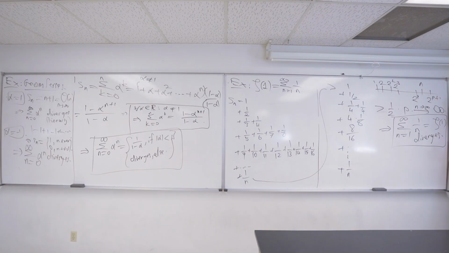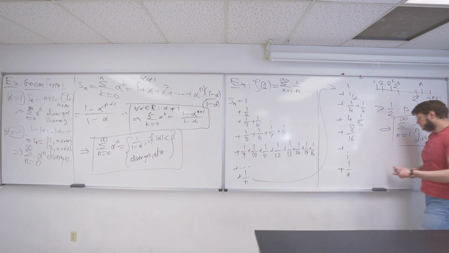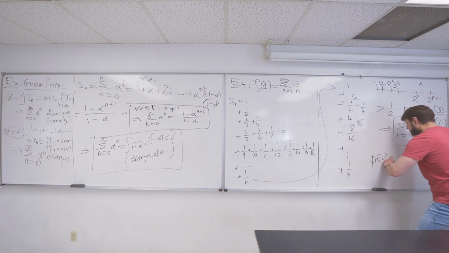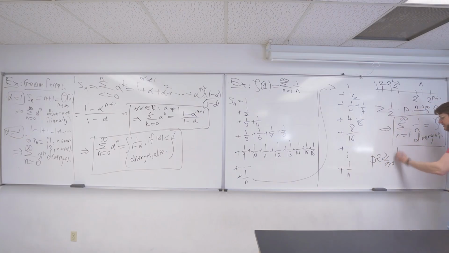Can you explain p again? I fixed an n. Okay, I'm looking at the nth sum. Look at this set, non-negative integers p, such that 2 to the p is less than or equal to n. This is a set of integers.